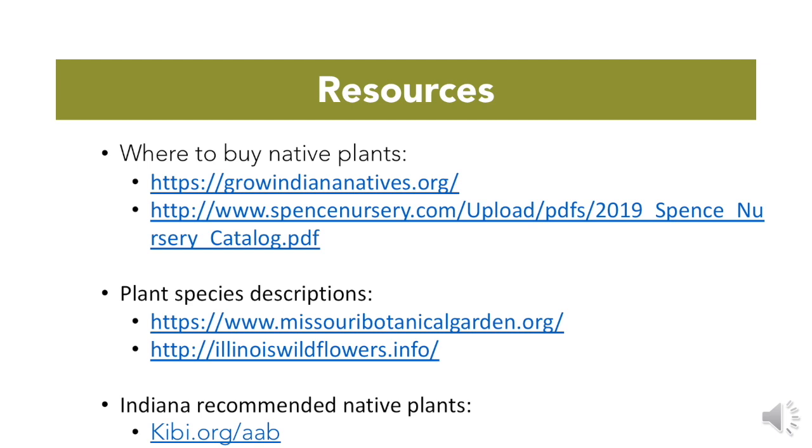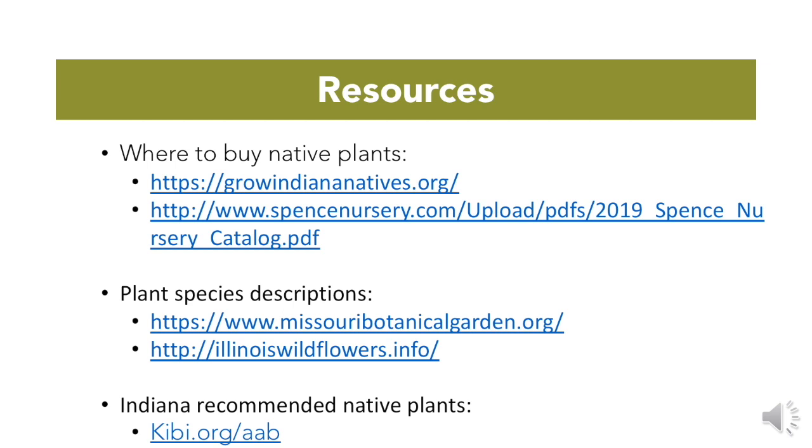Great resource for finding where you can buy native plant material. The second resource I've listed here is Spence Nursery. They are a native plant nursery located in Muncie, Indiana. This catalog actually shows prices for a ton of different native plants. It's a good resource for you to get a baseline of what your planting projects might cost.